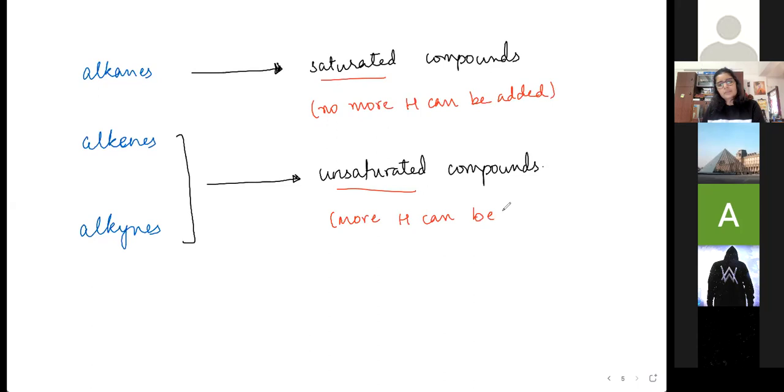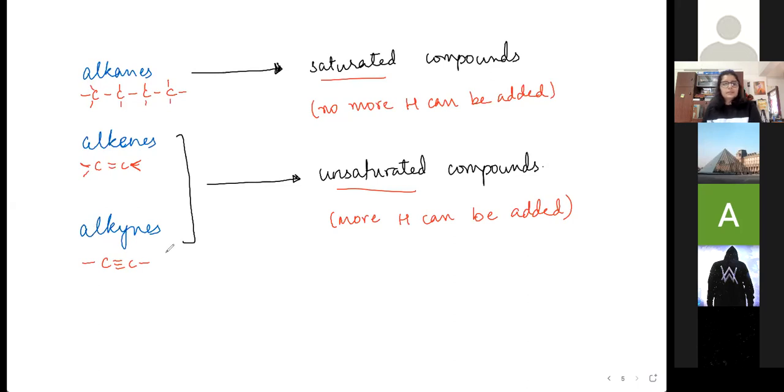That's why they come under unsaturated. So what do we mean by more hydrogen can be added? Alkanes are compounds containing all single bonds only. But alkenes and alkynes have double bonds and triple bonds. Right, okay. Let's keep it true to the valency.